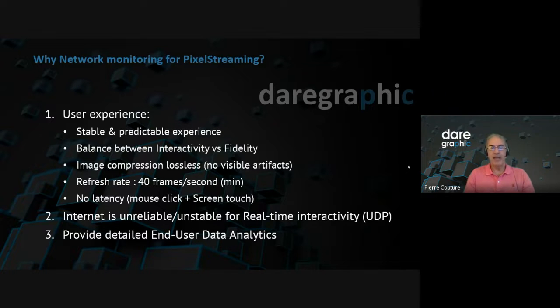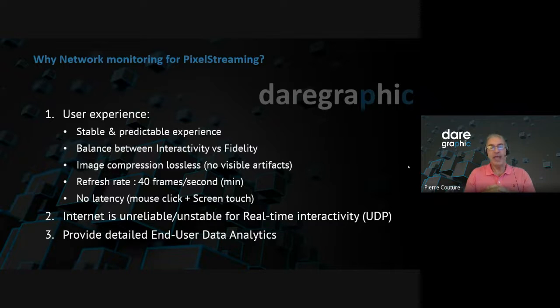When they connect, they want to make sure it connects fast, it's flawless, and it doesn't stop or stutter. So there's a great deal of balance between what we call interactivity and fidelity. And we are big promoters of pushing quality to the streaming users, so this has to be taken into consideration in any design.